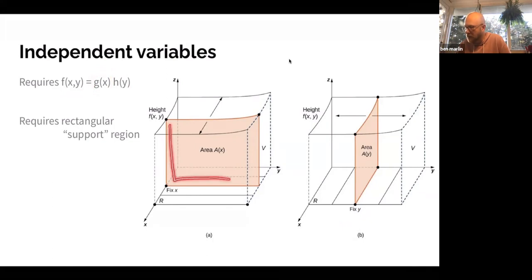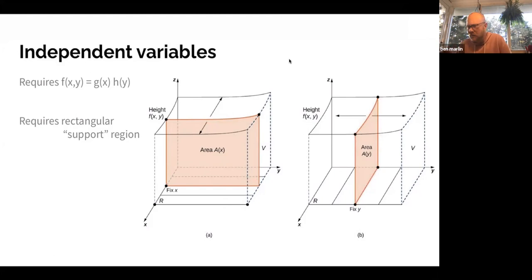So here in our picture, the cross-sectional area needs to be the same no matter what X value you choose. And if you talk about the cross-sectional area on the Y's, that needs to be the same no matter what Y value you choose.